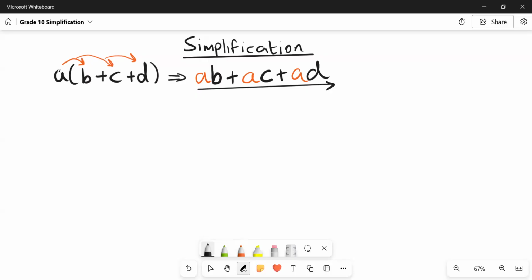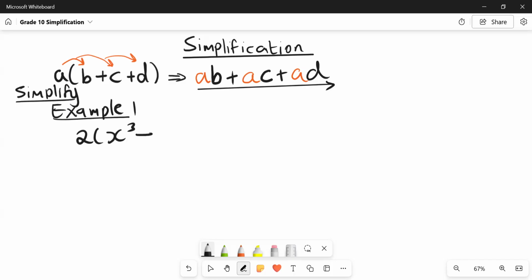So example one, they're saying simplify. We have to simplify. For example one, they're giving us 2 times (x cubed plus 3x squared plus 8x plus 7).